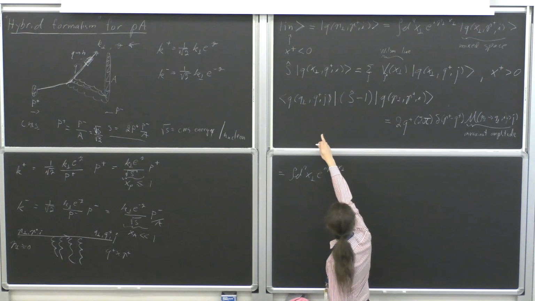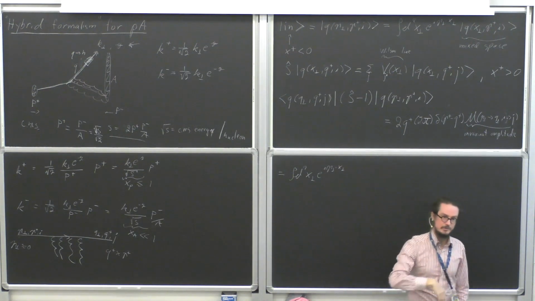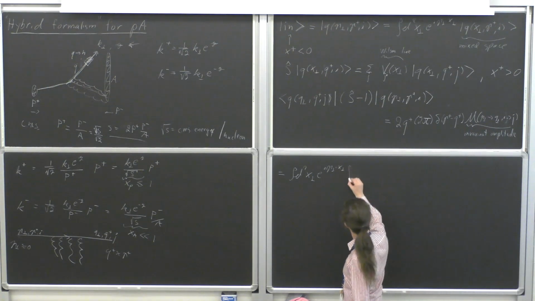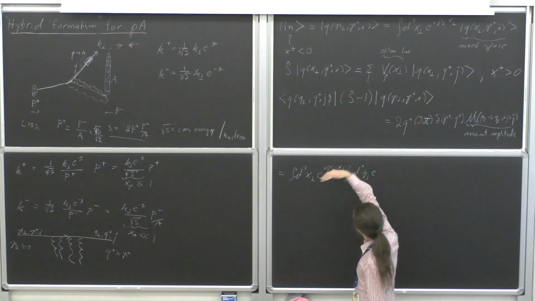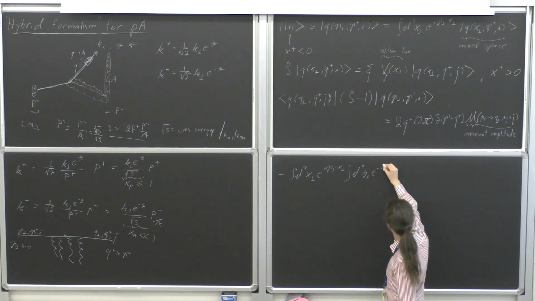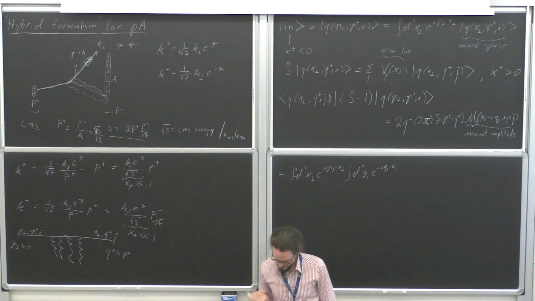Then the outgoing state in this equation is also a momentum eigenstate, and I need to express it in terms of coordinate eigenstates. So I have another Fourier transform, d squared y perp. Now it's a bra state, which is a complex conjugate, Hermitian conjugate. So there's a minus i q perp dot y perp.